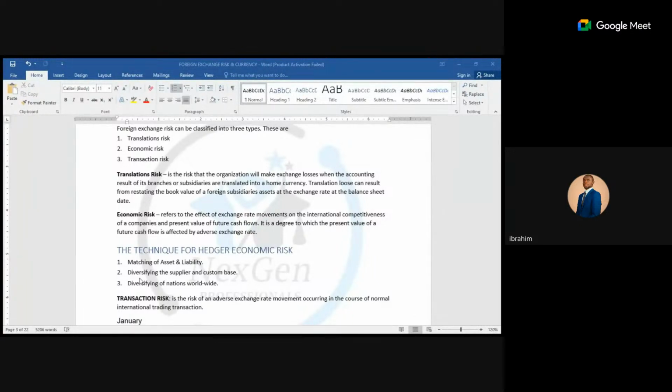Then the question is, what could have been the reason why the company declared a loss? We do the research, you check the company. It may be that the company bought goods, raw materials, on credit from a supplier in the US.